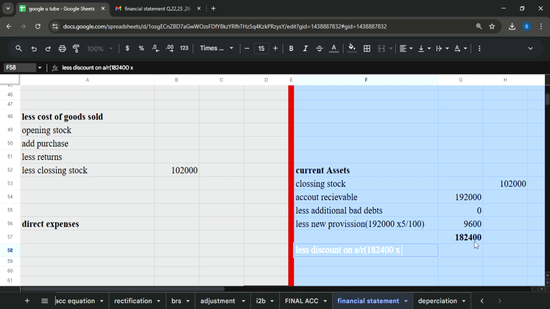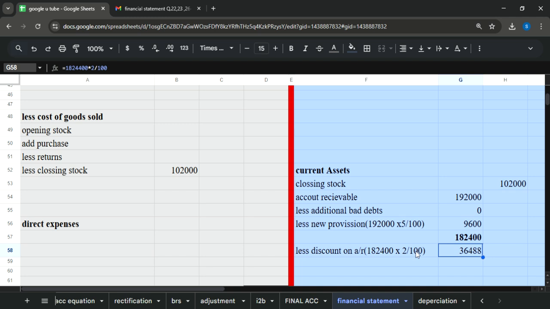Rather, you will calculate this percentage on the amount which you have calculated at the last step, where you have subtracted both additional bad debt and new provision from original debtors. The last amount which you will have will be used to calculate discount on debtors. So 182,400 was the last amount, and then multiply by 2 divided by 100 to get 2%.